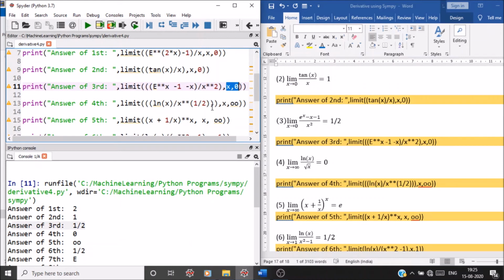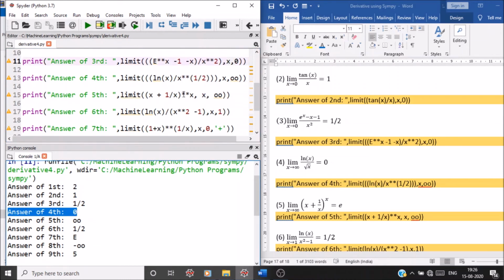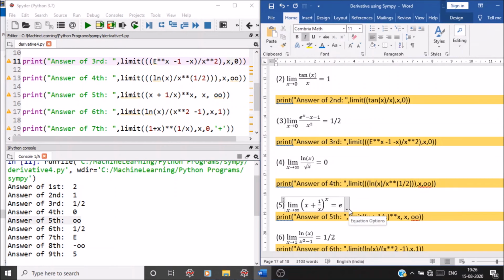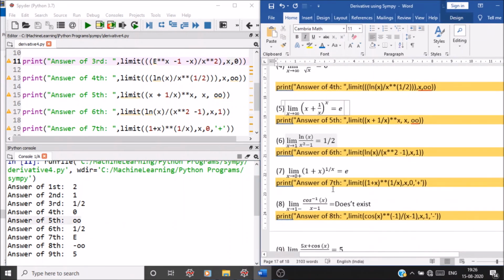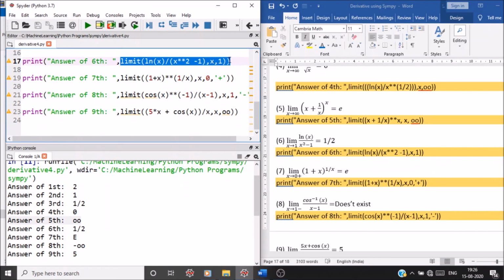Similarly, for the fourth one, the answer is 0. For the fifth one it is infinity. For the sixth one, this is the input value: ln x by x^2 - 1, where x tends to 1.